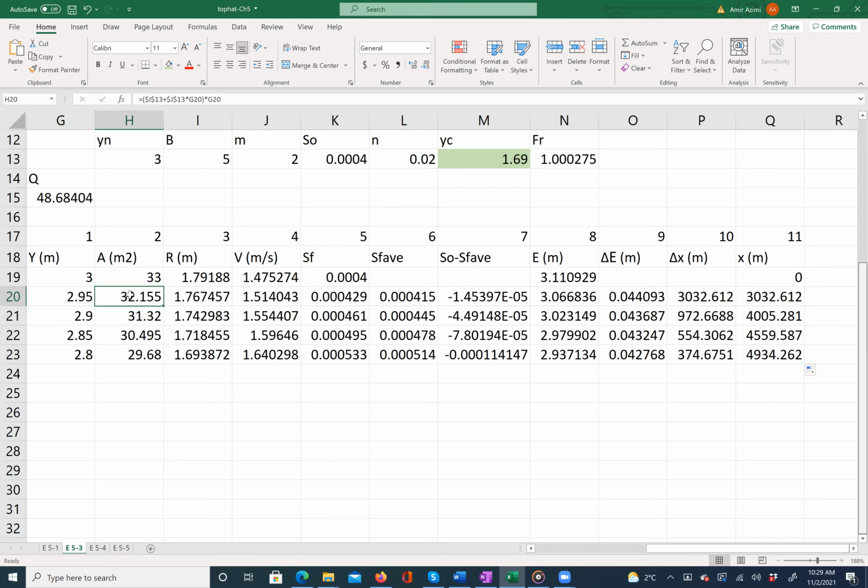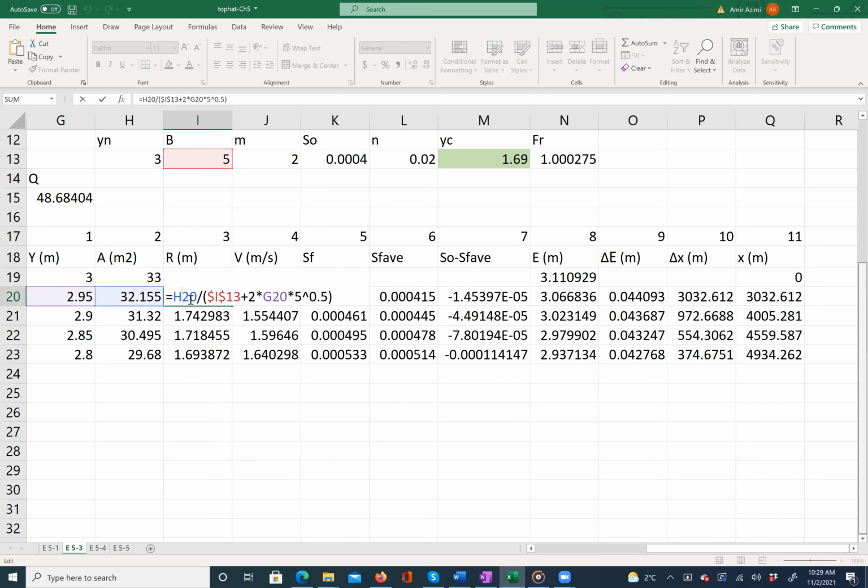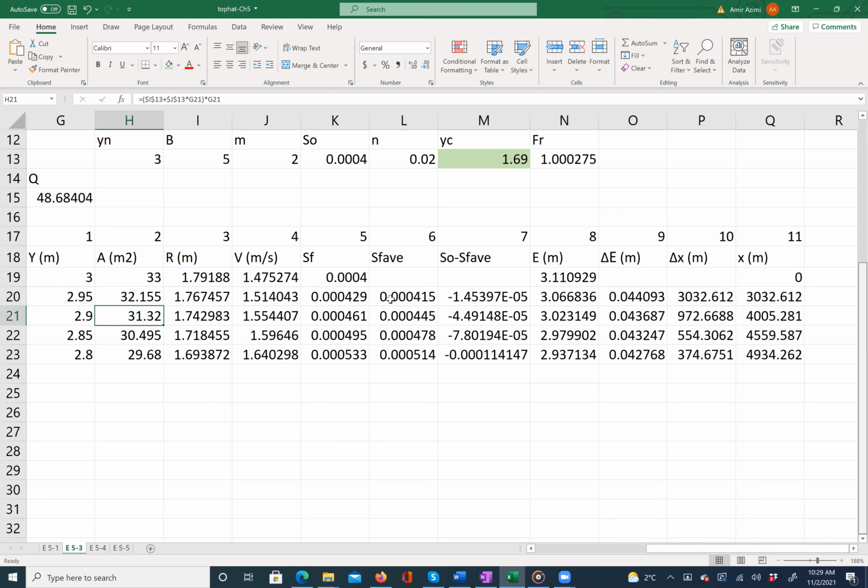So what you need to be careful about is that in some cases where you're using dimensions, you need to use a dollar sign to make sure that as you drag the data, the dollar sign holds the values in place. And also here we calculate the average slope.